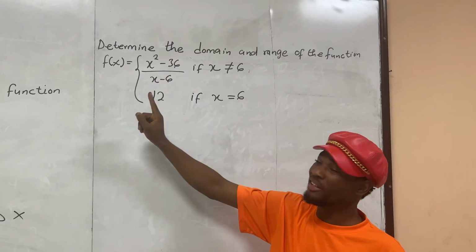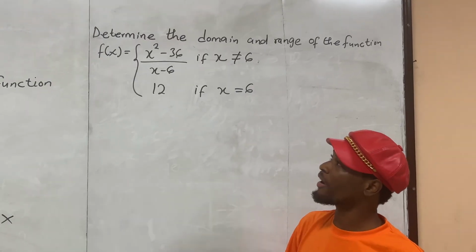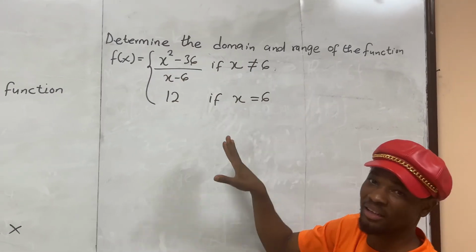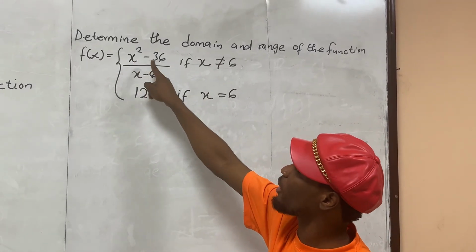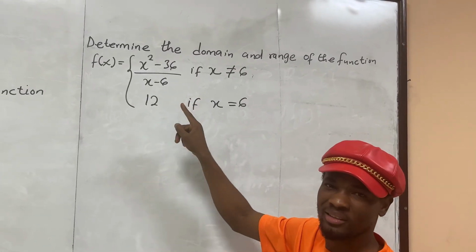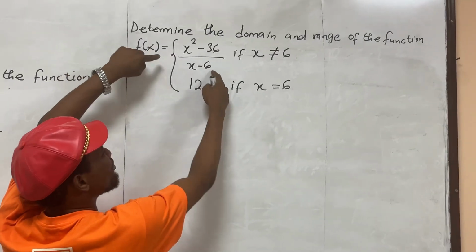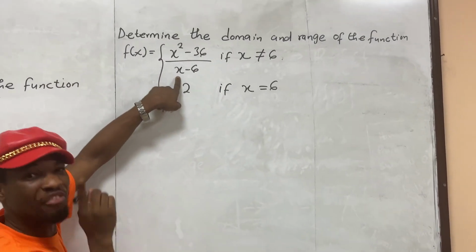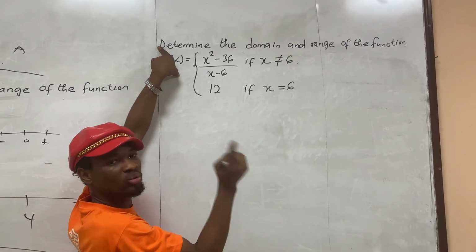The last question reads, determine the domain and range of the function f of x, which is equal to the whole of that. Now, here we have x squared minus 36 all over the expression x minus 6. All right, good. In order to make this function defined, we have to make sure the denominator should not be equal to 0.